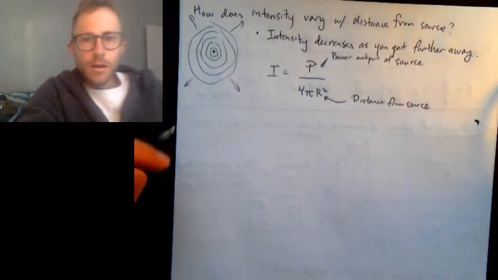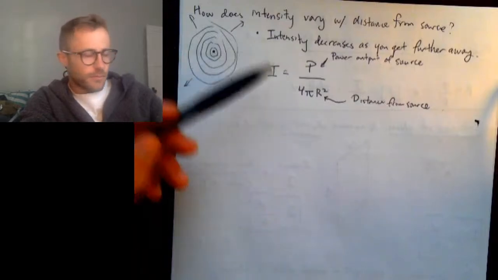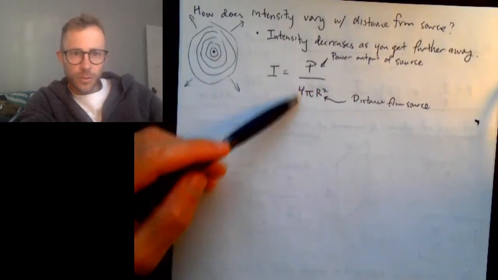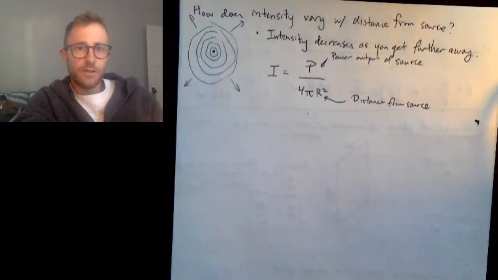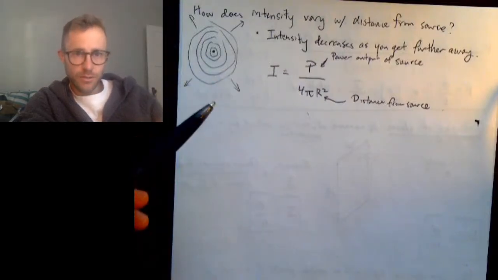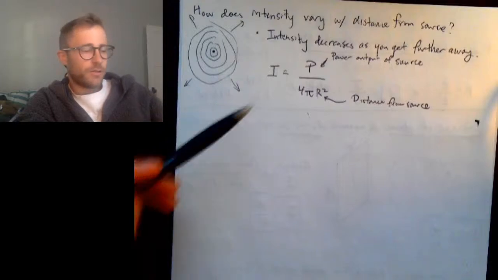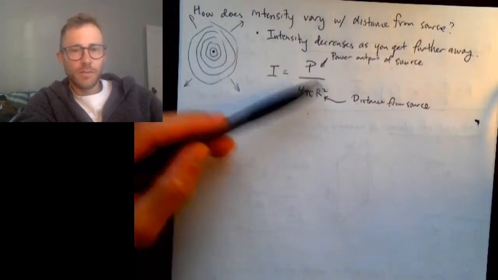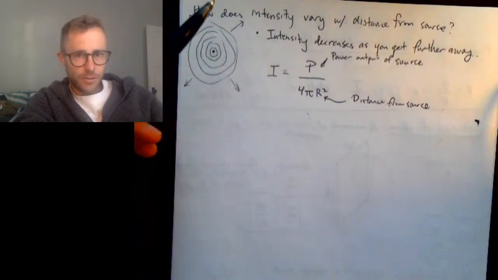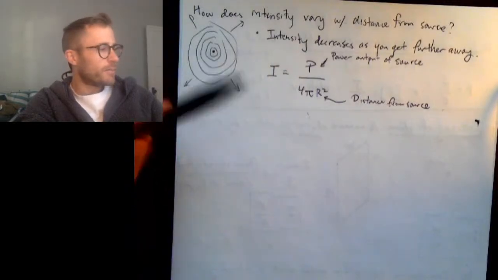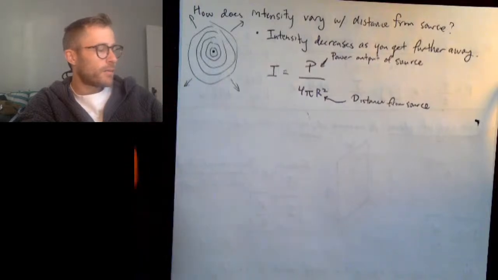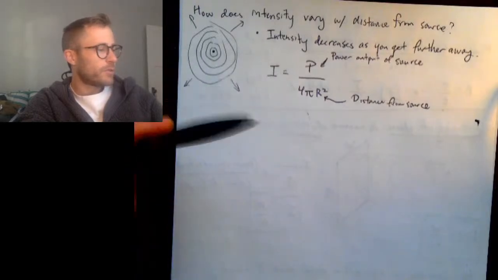Okay, so we can see that distance from the source is in the denominator, and so as you get further away, the distance from the source increases, and so the denominator gets bigger, and the intensity drops. So the further you are away from the source, the less intense the waves are.